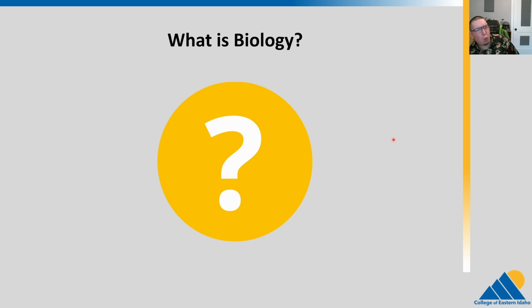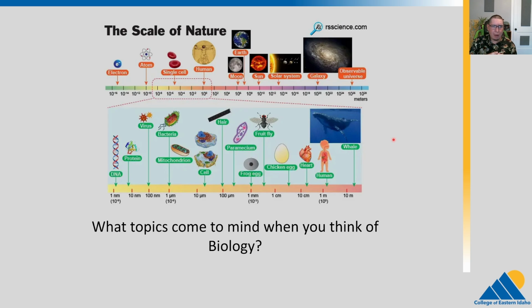All right, so back to what is biology. Biology is a big encompassing science, and we're not going to talk about the whole spectrum of biology. We're going to focus in on a few key pieces. So I'm going to show you an image here, and this image kind of puts nature into different scales. And the first week here in lab, we will work on learning the units of this scale, the metric system, right?